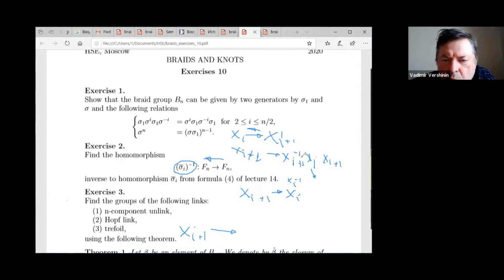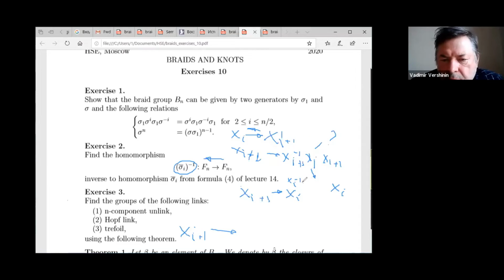We should know what should be the image of this. Our aim is to know the image of this. But the image of this is also defined. It is x_i, because of this one. So what should be in the middle? What should be in the middle such that x_{i+1} should go to x_{i+1}?